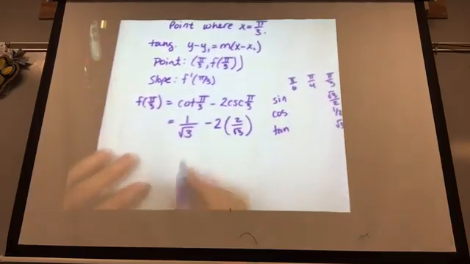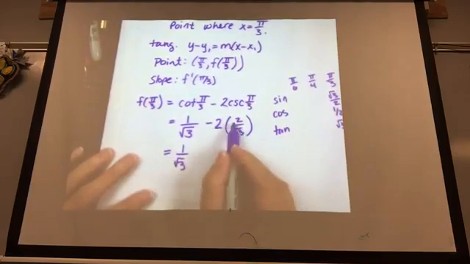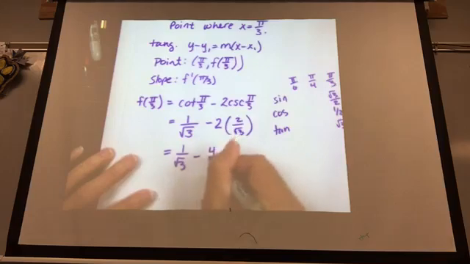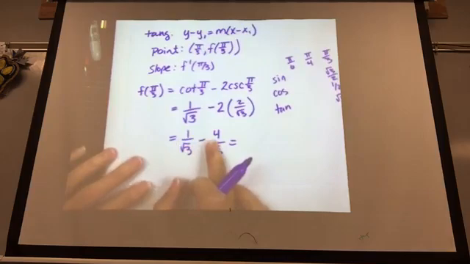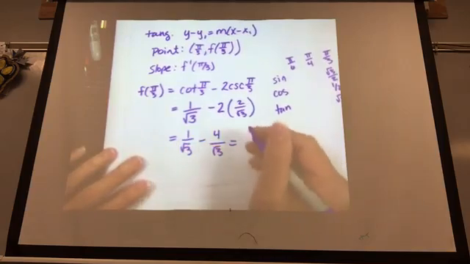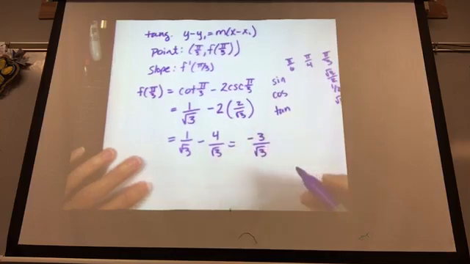Okay, so now if we simplify, we have 1 over the square root of 3. Negative 2 times 2 makes this a minus 4 over the square root of 3. 1 minus 4 gives us negative 3 over square root of 3.